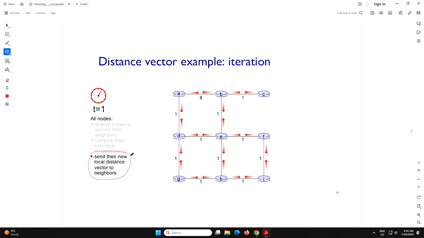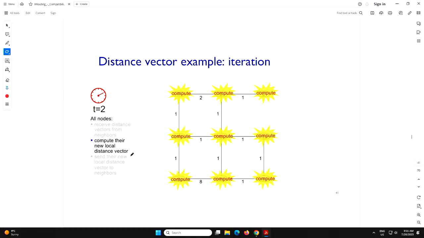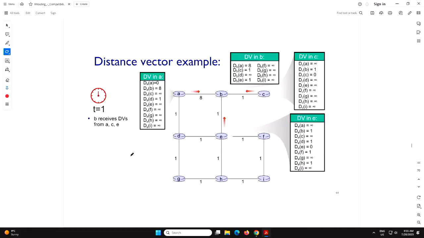And as a result, things should converge, right? Hopefully. You keep doing the same thing. So if you keep doing it, then are you really converging?